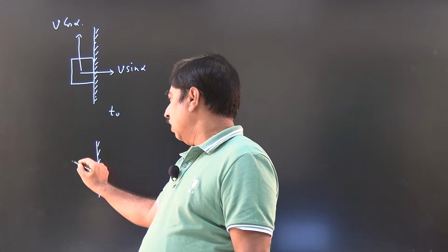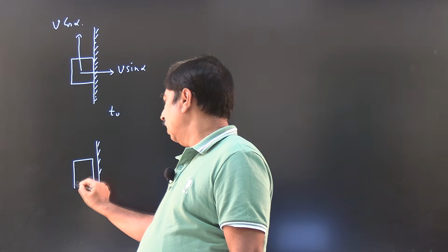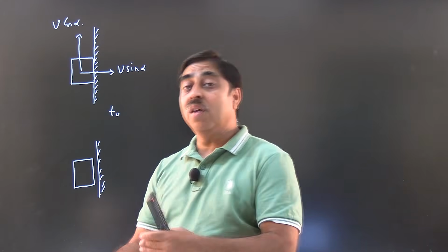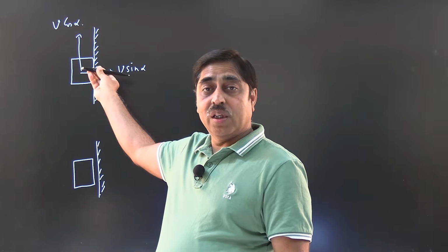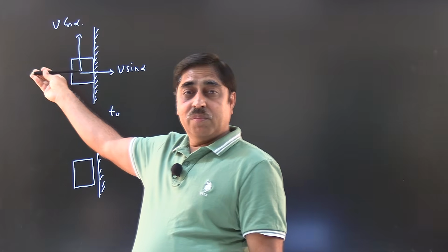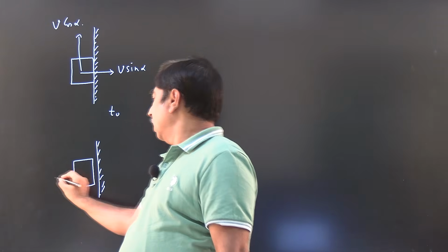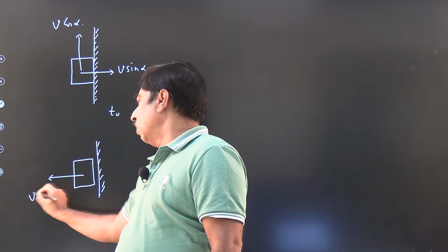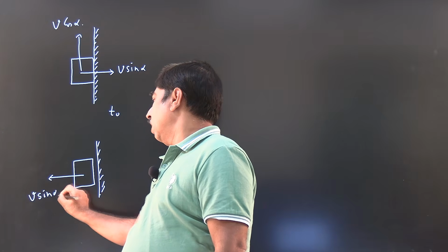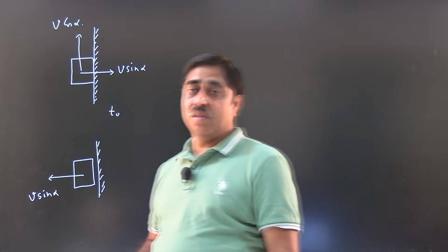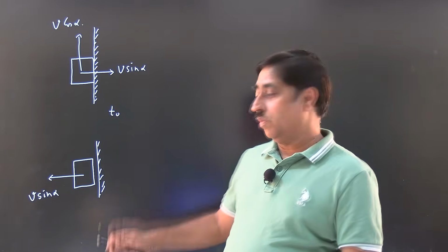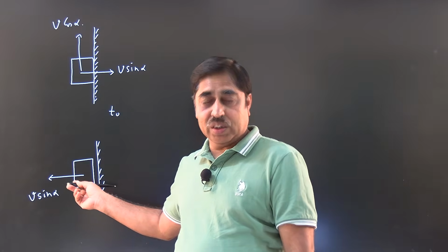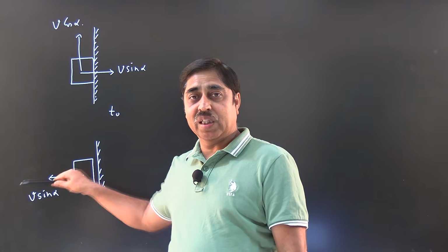Obviously, the question says that the magnitude of velocity component of the cube perpendicular to the wall does not change. So, this v sin alpha, obviously it will change direction, no doubt about it. It cannot keep on moving in this direction, but the magnitude has not changed, means now the component of velocity of the cube perpendicular to wall is v sin alpha in this direction.